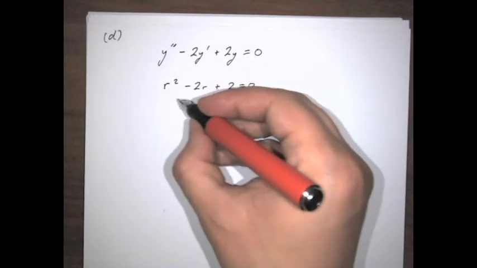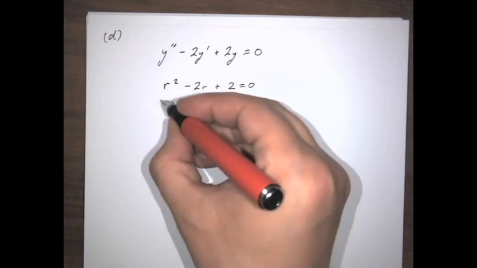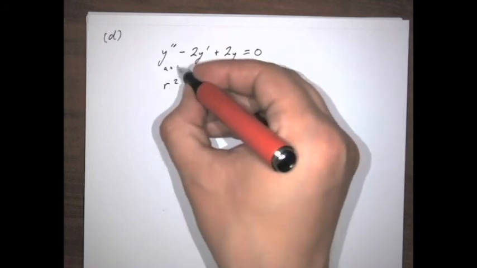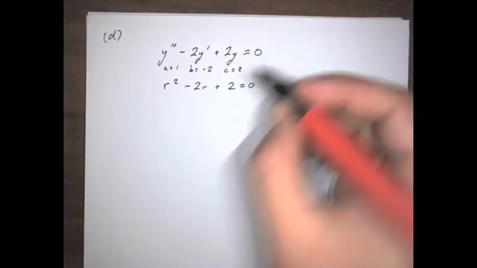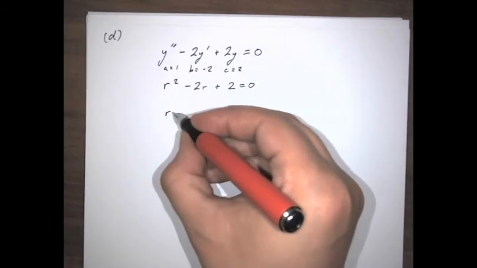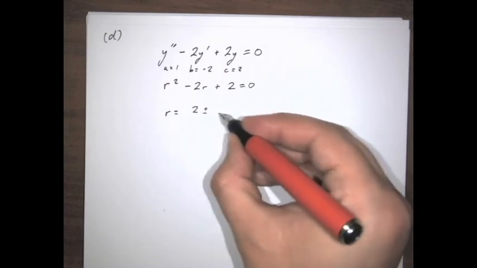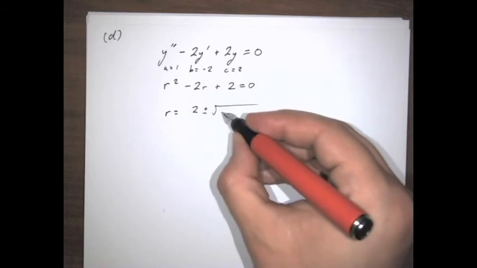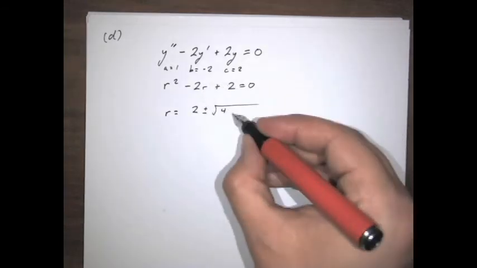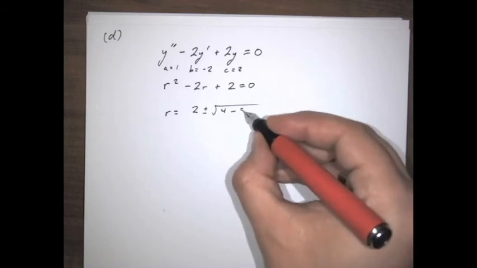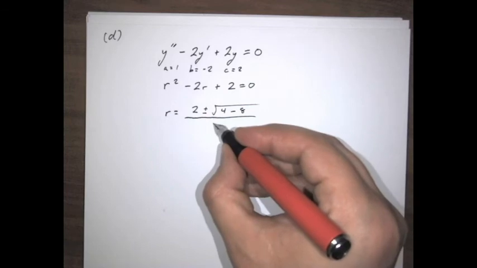Now, this is not going to be solvable by factoring. It's going to require the quadratic formula. So here we had a equals 1, b equals negative 2, and c equals 2. And so then that's going to give us r equals minus b, which is positive 2, plus or minus the square root of b squared, which is 4, minus 4 times a times c, which is 8, divided by 2a.